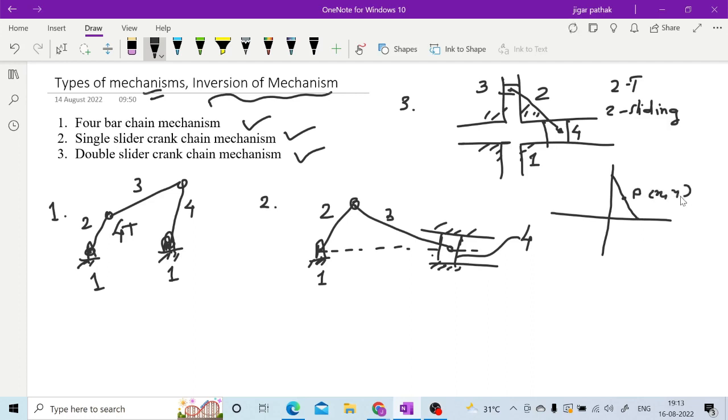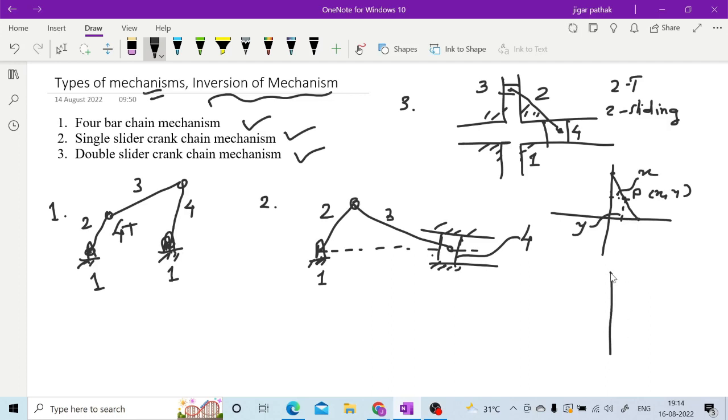If you take this point as x and y, and here you have both the sliders, you can consider this distance as x and this distance as y, and the angle made by this particular line is theta at both the places.